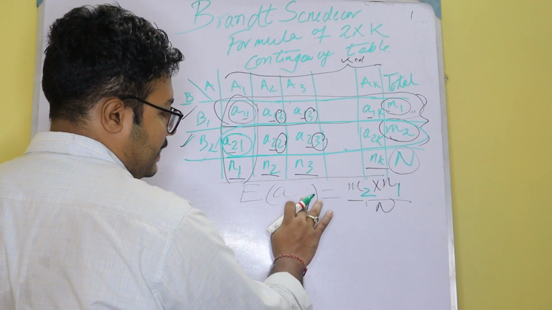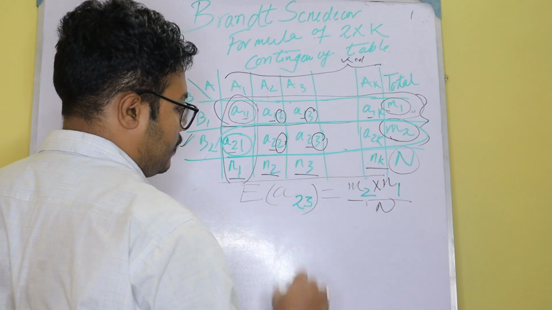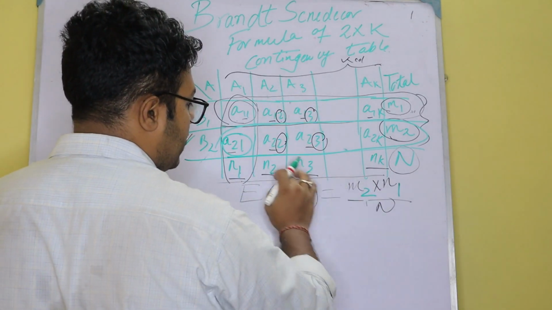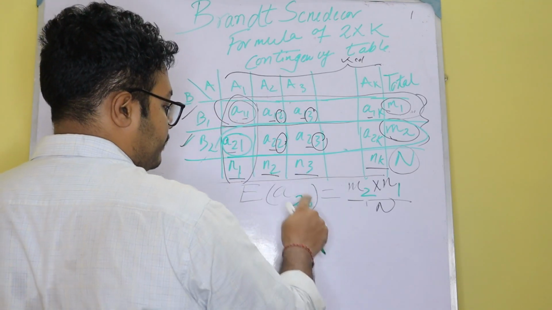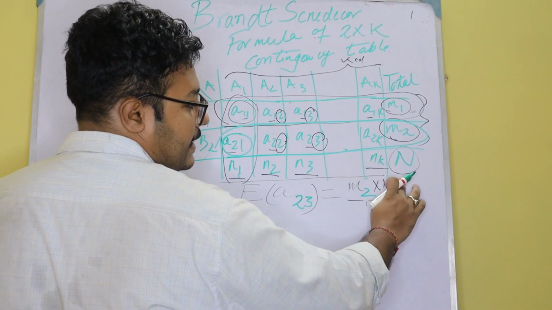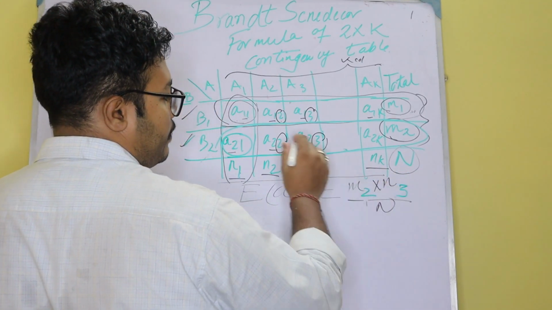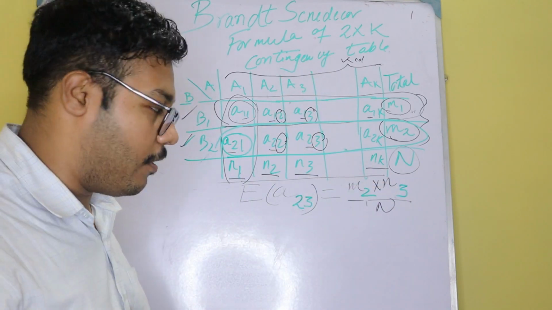Again, if I change these things, suppose I write E of a23. What will it become? See here. The 23 means second row, third column. Then the sum of the second row is m2, so it will remain as it is, and this n1 will change to n3 because the sum of this third column is n3, and it will go on.